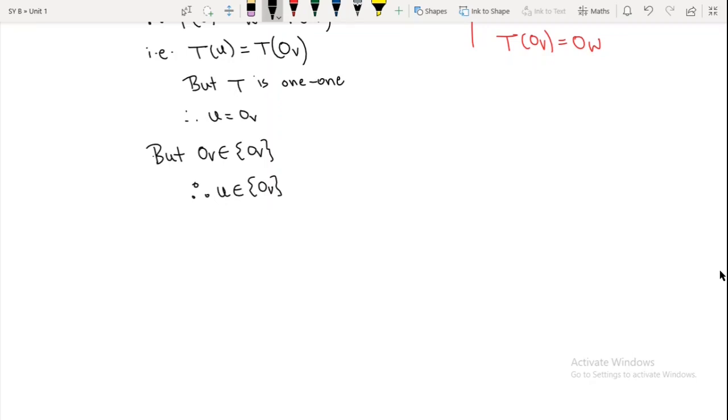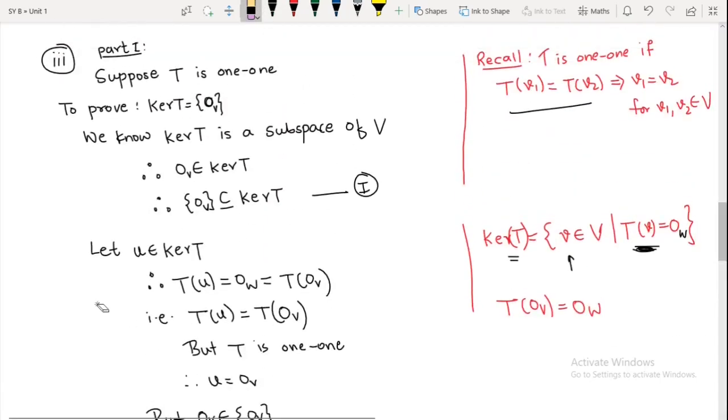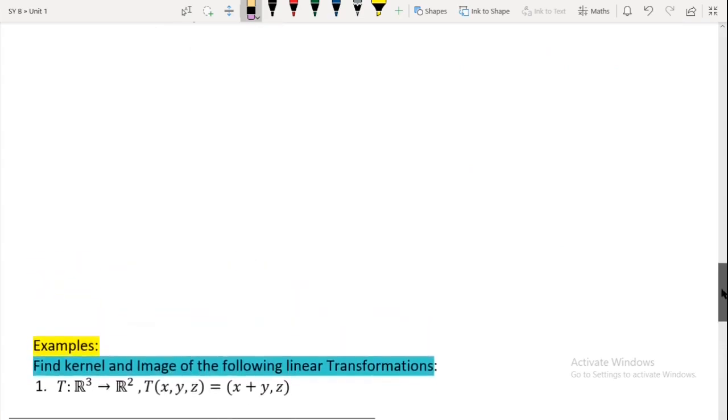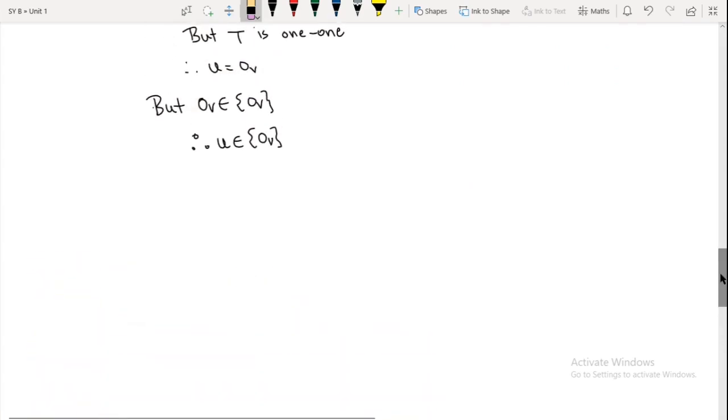So what have we proved actually? We started with an element from kernel of T, that is u, and we have proved that the element is present in the singleton {0_v}.